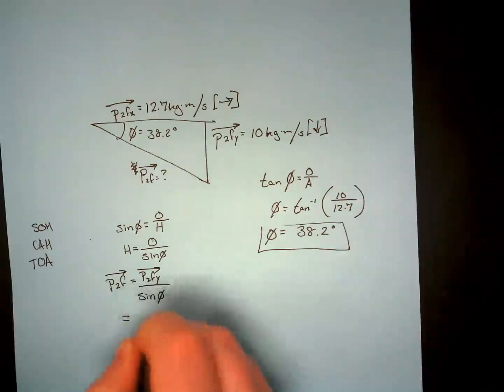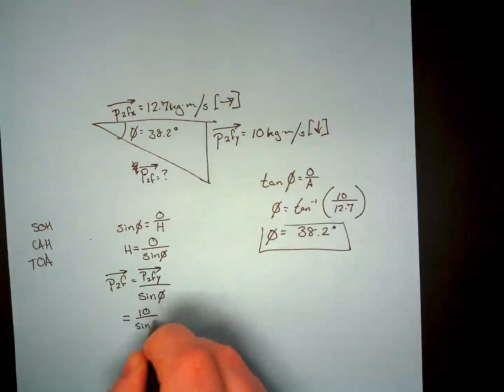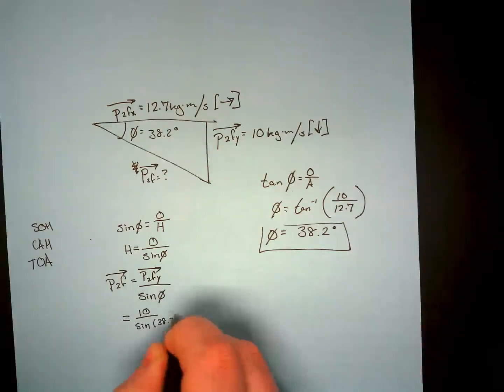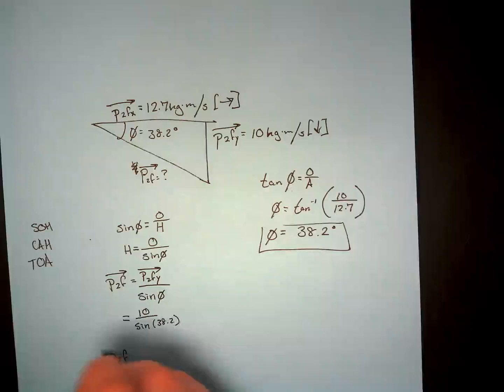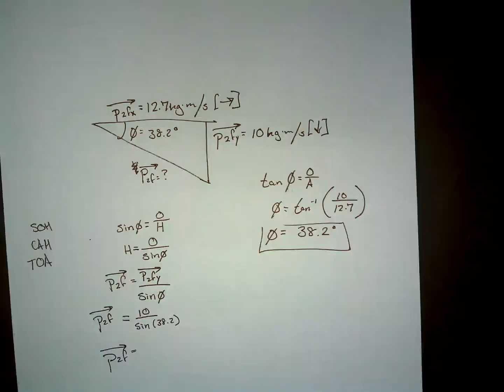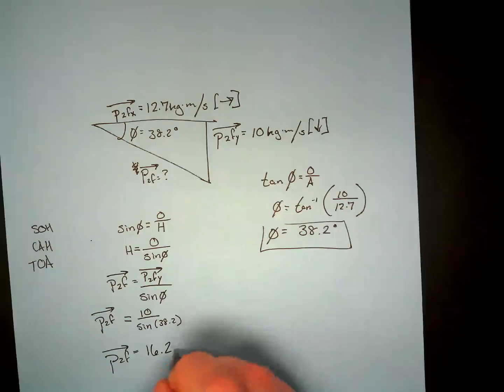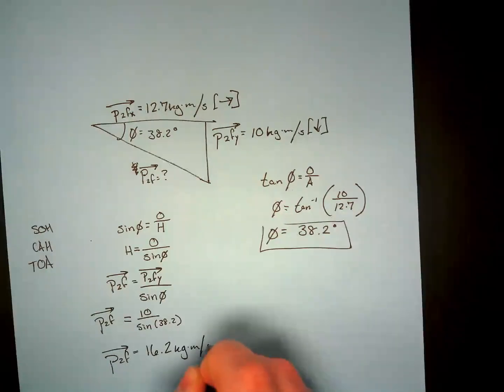Plug all that in, it'll be 10 over the sine of 38.2. Popping that in the calculator, it'll give us 16.17 or 16.2 kilograms by meters per second.